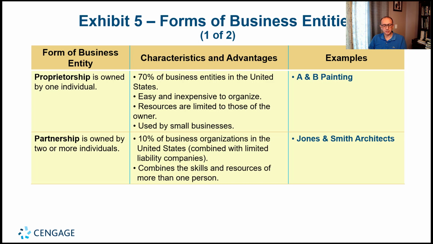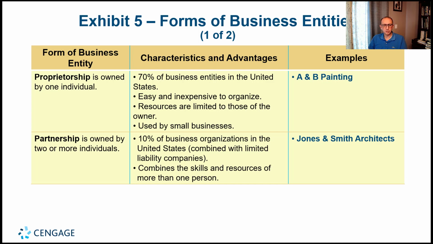Then we have a partnership, and a partnership is owned by two or more individuals. About 10% of businesses in the United States are in this kind of form. So we have something like Jones and Smith Architects, two people or more. They are running a business together, and in most cases, they help each other in order to operate and be successful, and they complement each other.